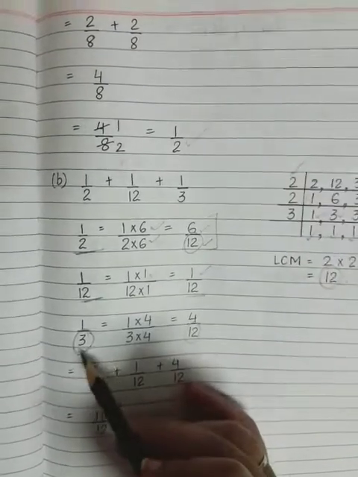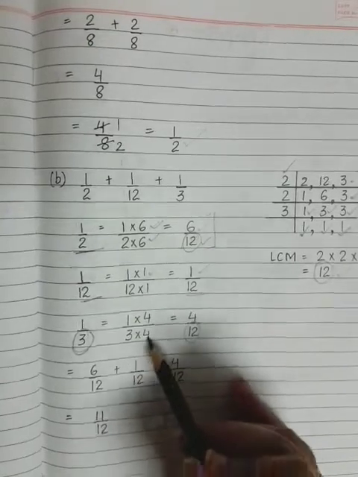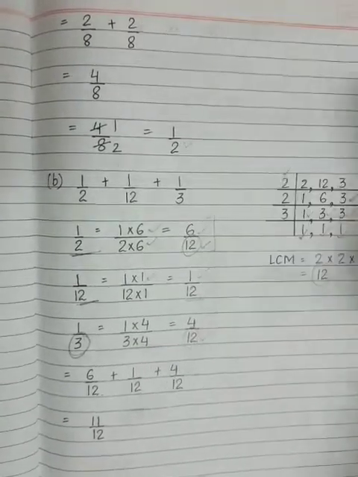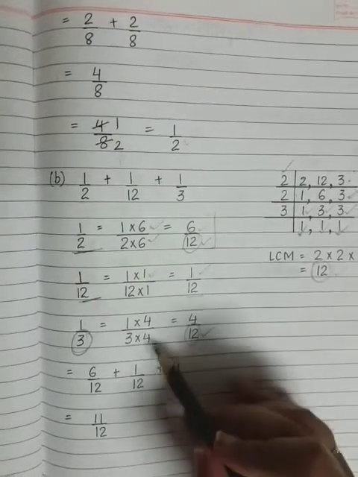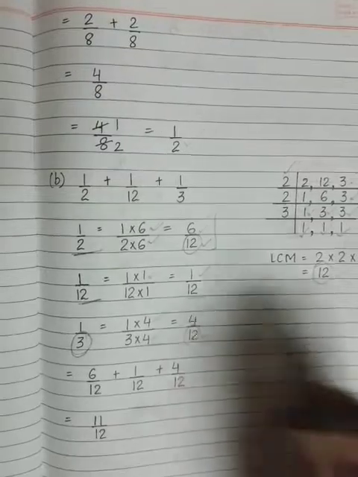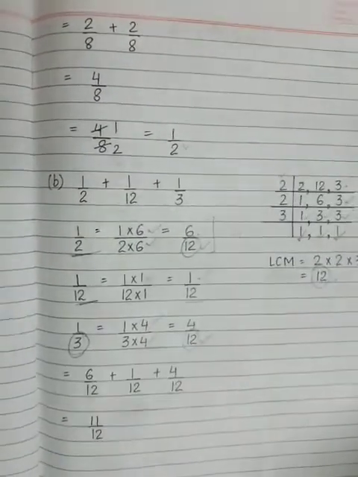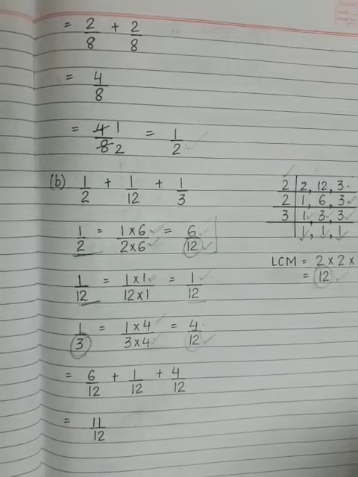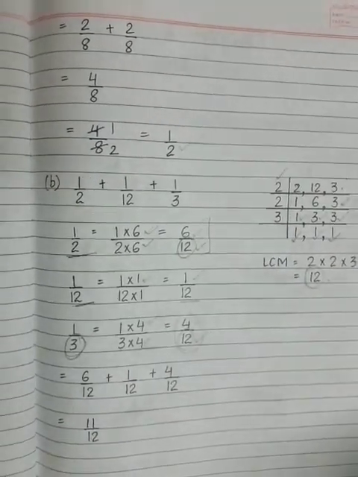So, how can you make 3 as 12? 3 multiplied by 4 becomes 12. Okay. So, you multiply 3 by 4, you get 12 and 4 gets multiplied in the numerator also according to the rule. Okay. So, 1 multiplied by 4 is 4 and you get 4 upon 12 as the fraction here.